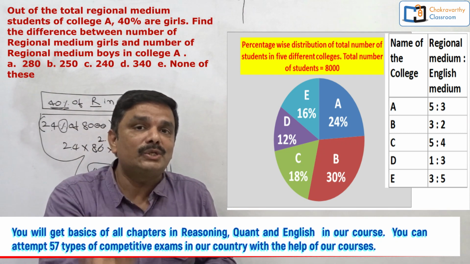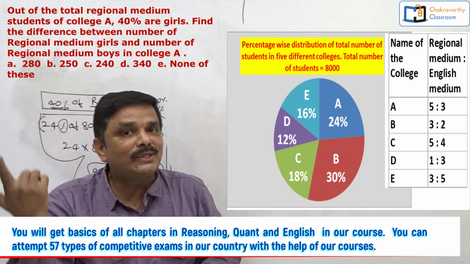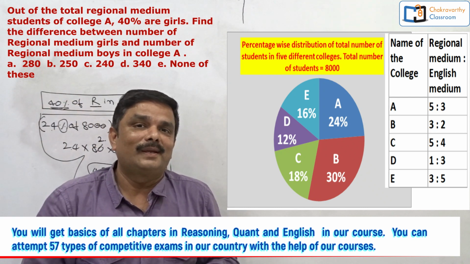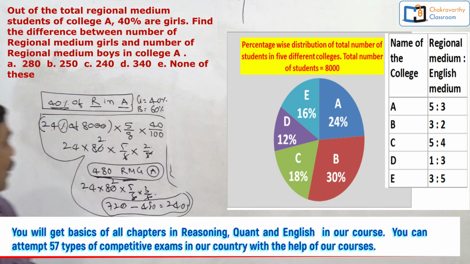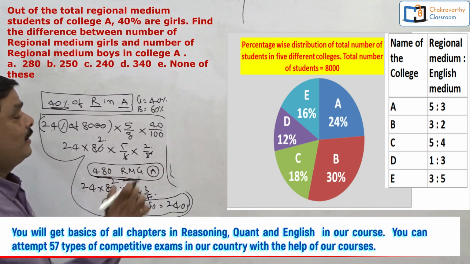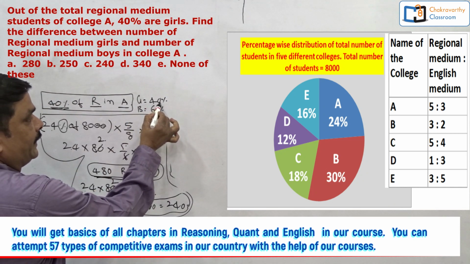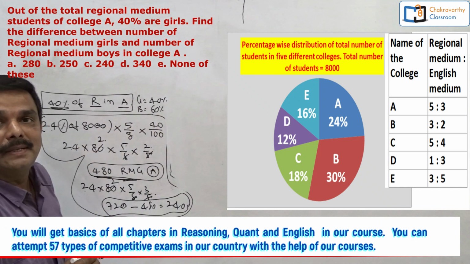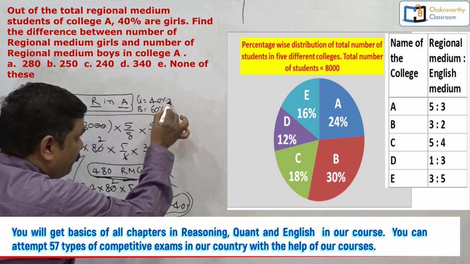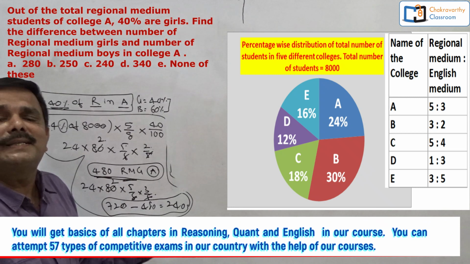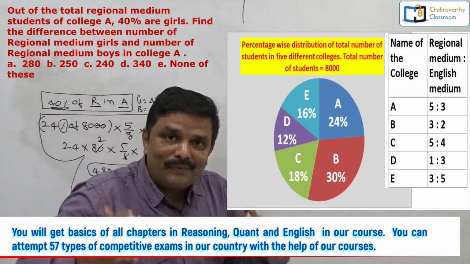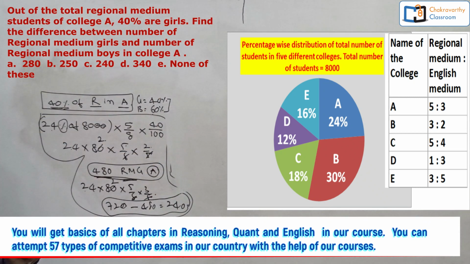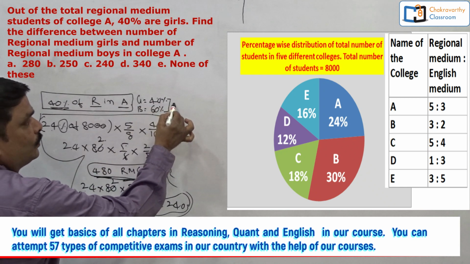How to go further? Need not go for all these things. Simply, when girls are 40%, boys are 60%, they are asking the difference between these two. That's it. What's the difference between these two?